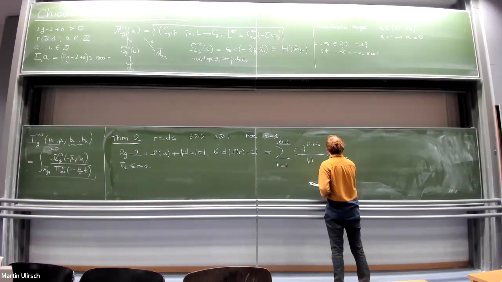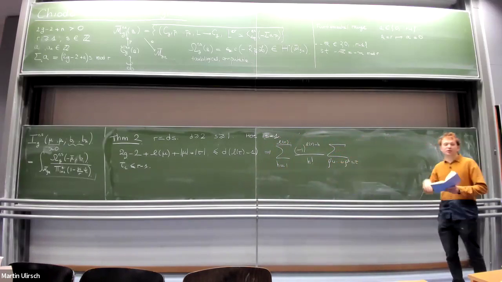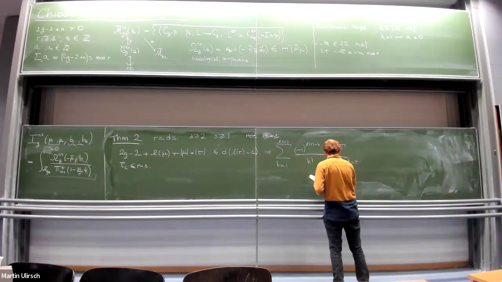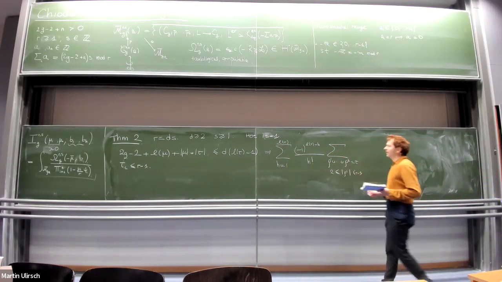And you have to decompose now your tau in k partitions by merging some rows. But now you have the condition that the size of each of these rows is between 2 and r minus 1.